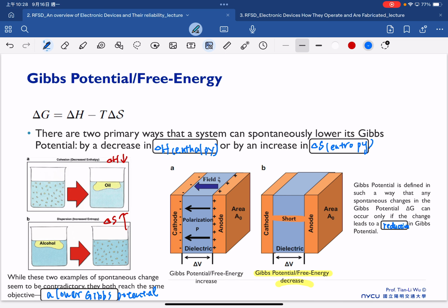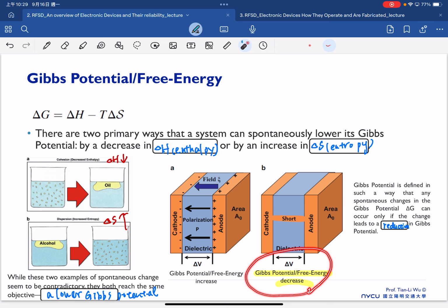So that means if we have a system with a dielectric here, the dielectric separates the charge between top and bottom, and therefore there's an electric field here. But in this case, the Gibbs potential is increased. To reach thermodynamic equilibrium, once a short happens in between, there's no more electric field or voltage drop here, which reaches the lower Gibbs potential.